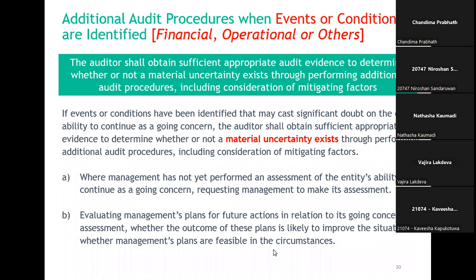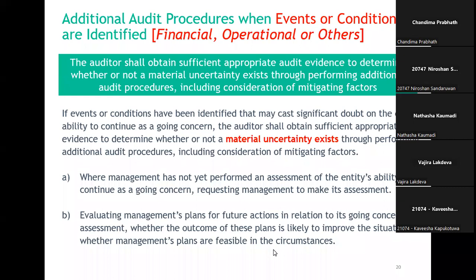Additional audit procedures when events or conditions are identified. Now, what are the events or conditions which we just discussed? Financial, operational, or others. The auditor shall obtain sufficient appropriate audit evidence to determine whether or not a material uncertainty exists through performing additional audit procedures, including consideration of mitigating factors.